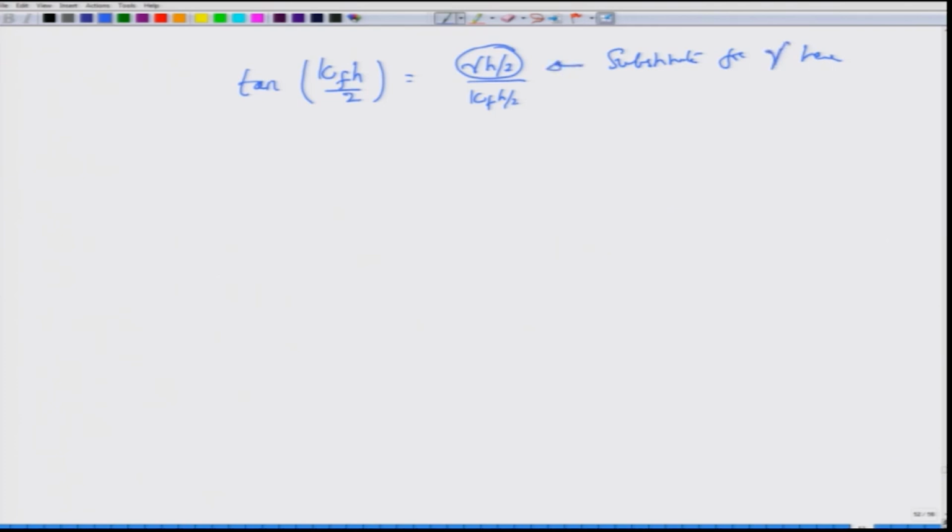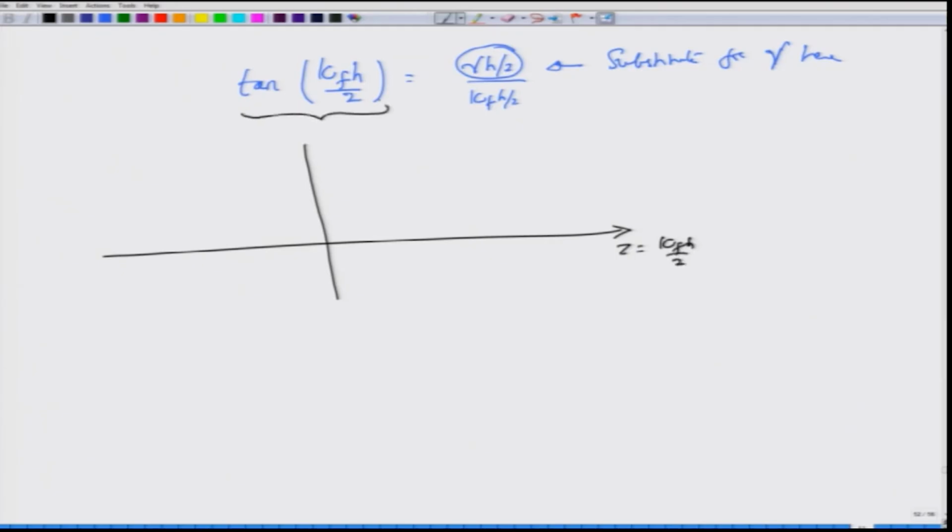Now, the graphical approach is actually very interesting. What it does is that you plot the values of the left hand side and the right hand side. So, I define z as kappa f h by 2, and then I am going to plot tan of kappa f h by 2 as a function of z.